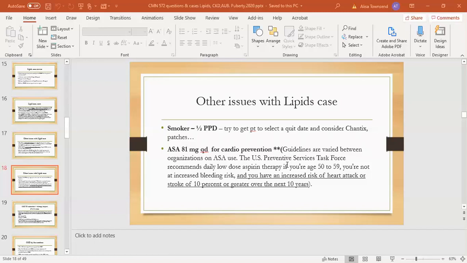Those people need a low dose aspirin, unless they have a history of GI bleed. So it's always weighing out those risks and benefits, having shared decision making, and discussing with that patient where they are, okay?